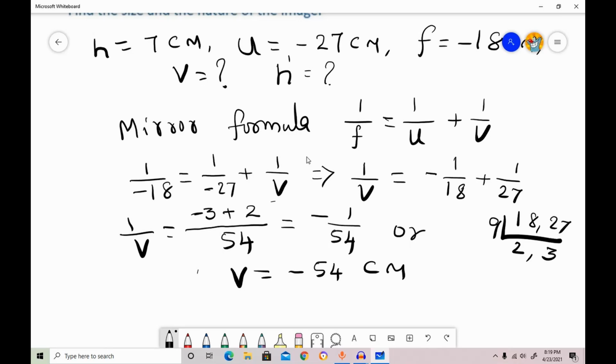What is the nature of the image? The image is virtual and it is positioned at a distance of 54 centimeter towards the left, or in front of the mirror.